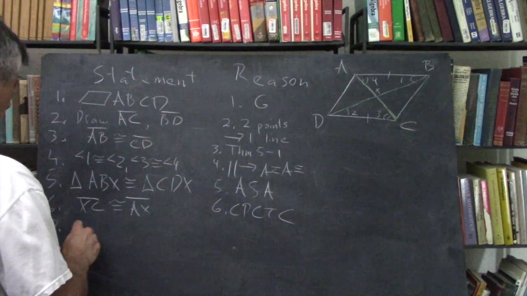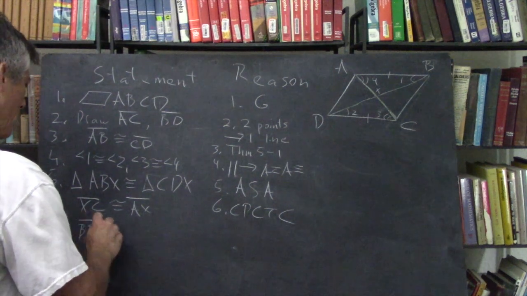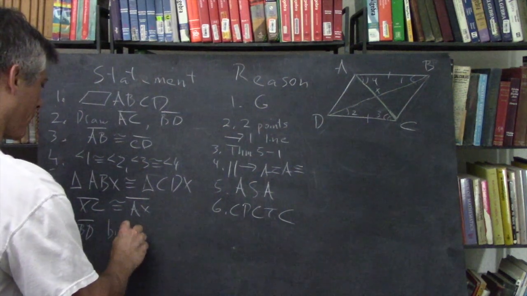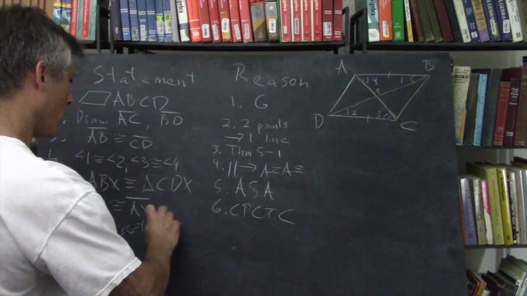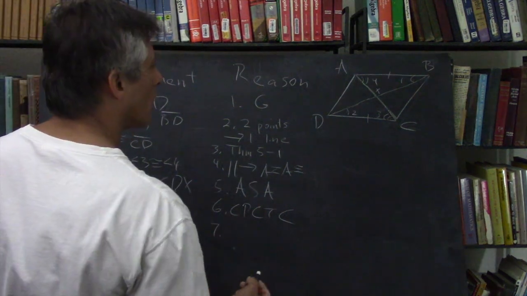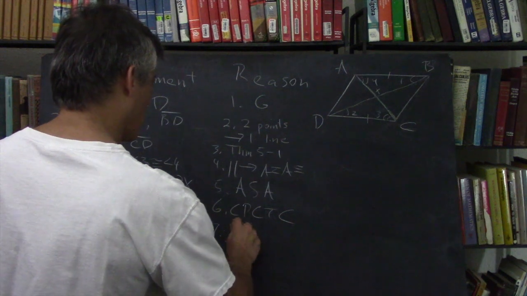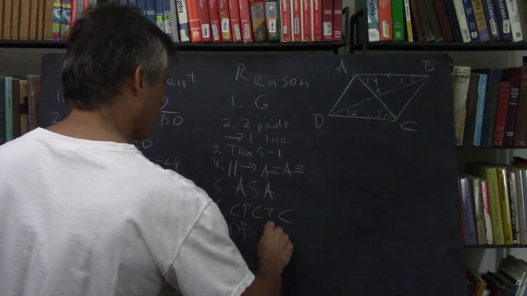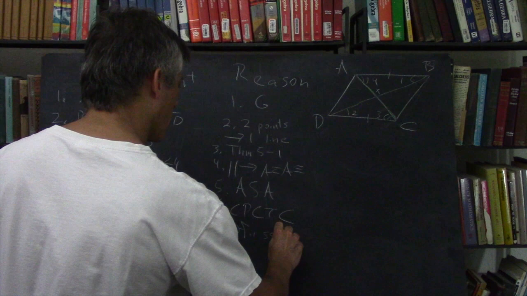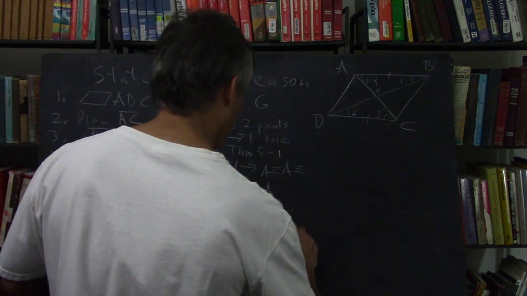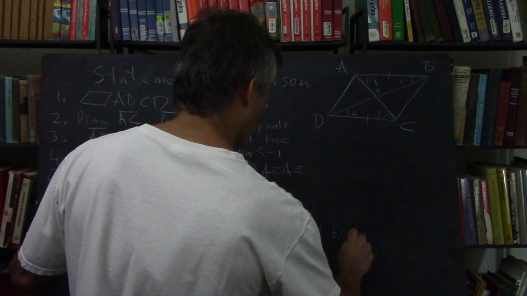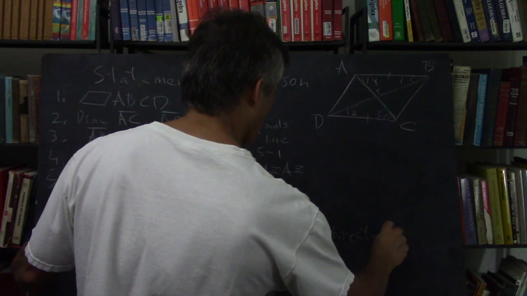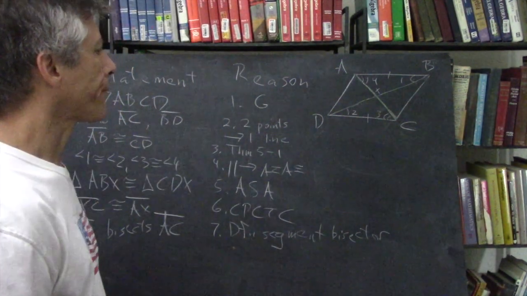So BD bisects AC. Definition, segment bisector. Okay.